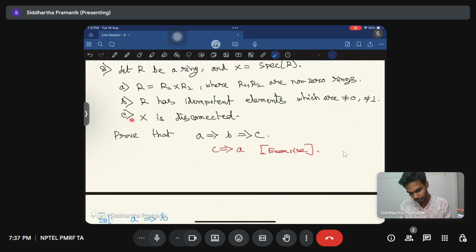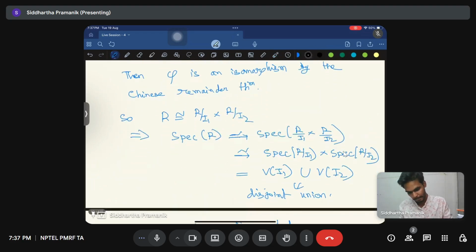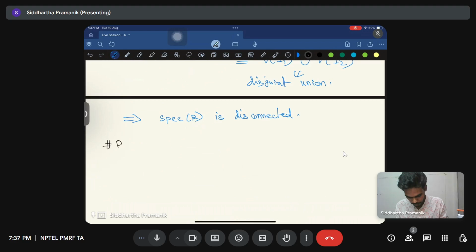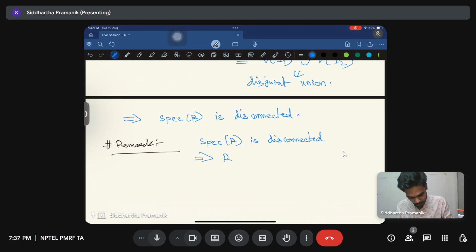So if the spectrum is disconnected, then that ring cannot be a local ring. Let me state that as a remark: if Spec of R is disconnected, that implies R is not a local ring.